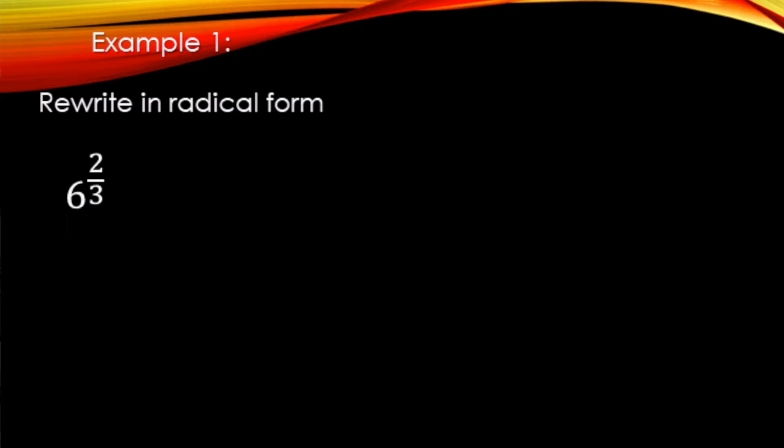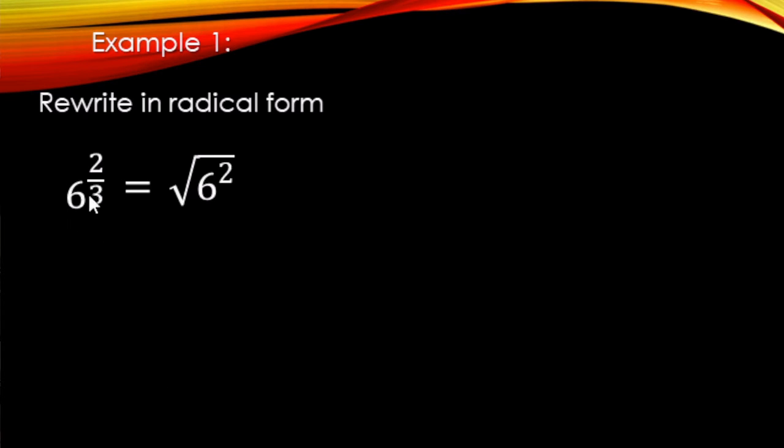So for this example, we're going to be rewriting 6 to the 2/3 power in radical form. So here we go. So here's our radical, and then the base of your power is the radicand. That's the number underneath the radical symbol, what we used to call the square root symbol. Now the exponent is going to be the numerator of the fractional exponent there, or the rational exponent.